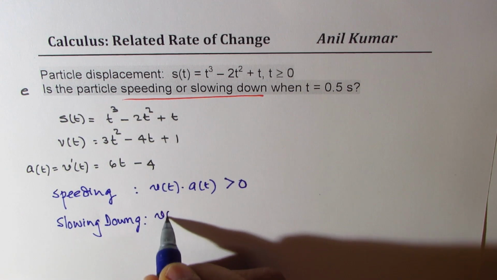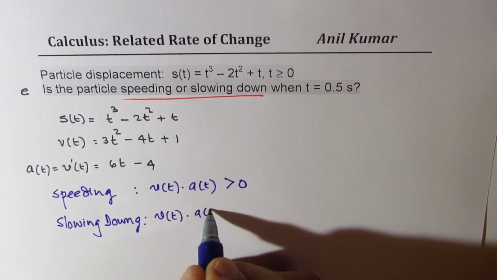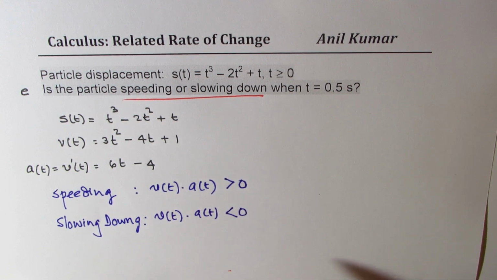And for slowing down, this product should be less than 0. Extremely important concept to remember, right? It will make sense also if you rationally think through it. I'll recommend you watch some of my videos where I'm talking about this concept, correct?